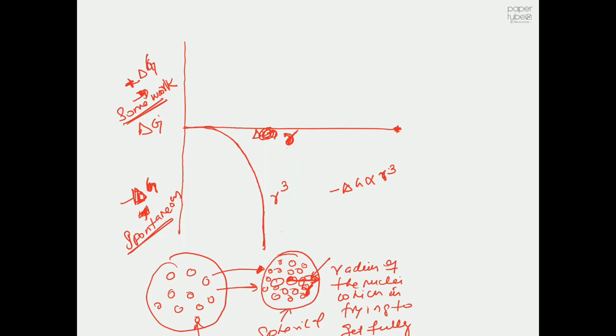What does that mean? If the volume becomes bigger and bigger, in other words the radius increases, the net free energy that you need to create a stable volume in that solution decreases rapidly.